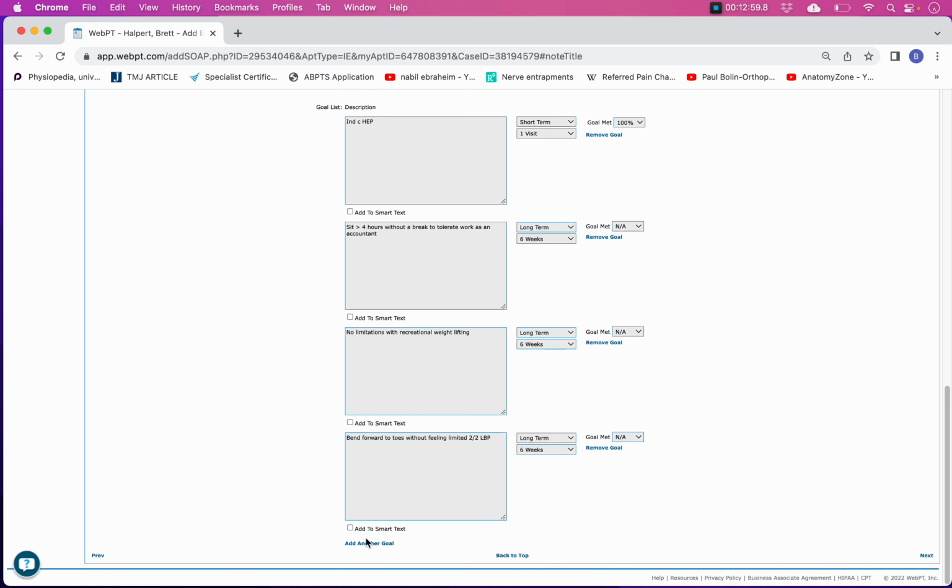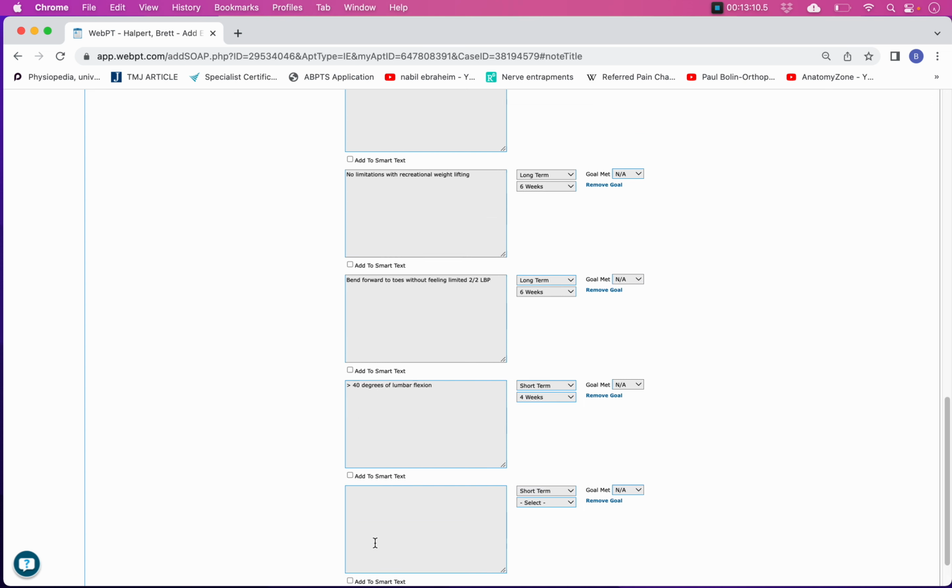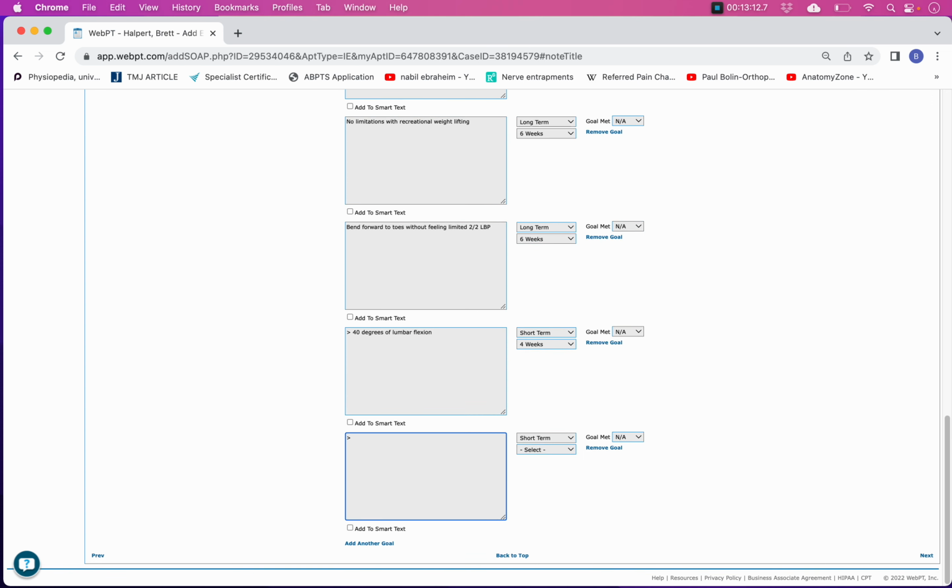And we can throw in some goals based off of our objective measures. So we can say over 40 degrees of lumbar flexion. We'll make this a 4-week goal. Say at least 5 minus out of 5 lumbar extension manual muscle tests.